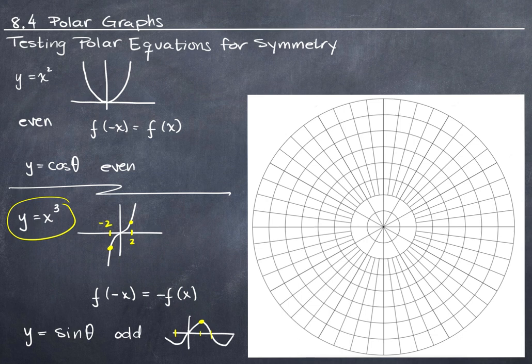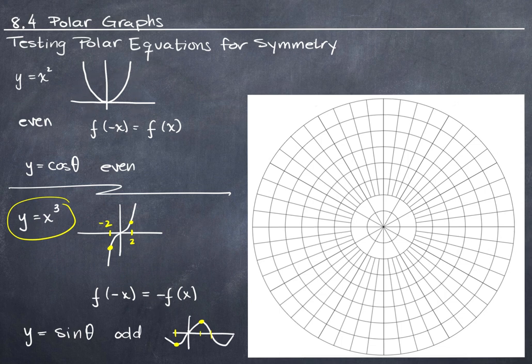But if I plug in a negative pi over 2, I get negative 1. So if you plug in a negative value and you get the same thing as you would have if you plugged in the positive value, then that's an even function. If you plug in a negative and you get the same thing as you would if you had plugged in the positive value, but it's a negative number, then that's an odd function.